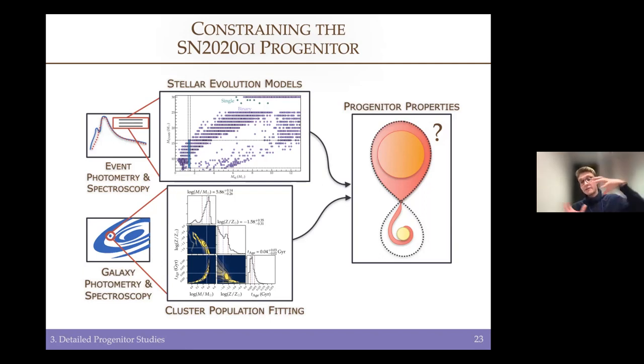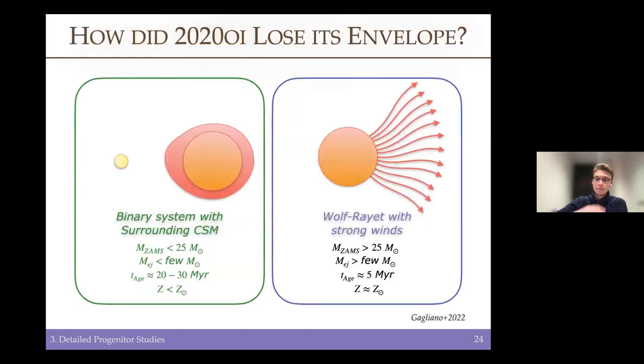And when you combine all of that information, you get a pretty consistent picture, which is, in the case of stripped envelope systems, it's still kind of an open question whether the envelope of the star becomes stripped in strong stellar winds from a single star, or from a binary system where the companion is stripping the primary itself.